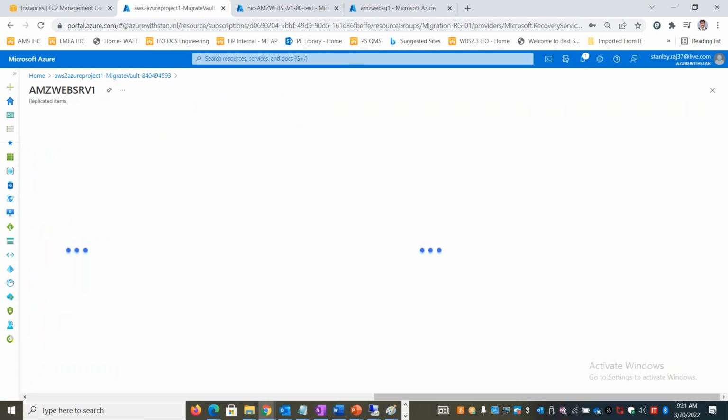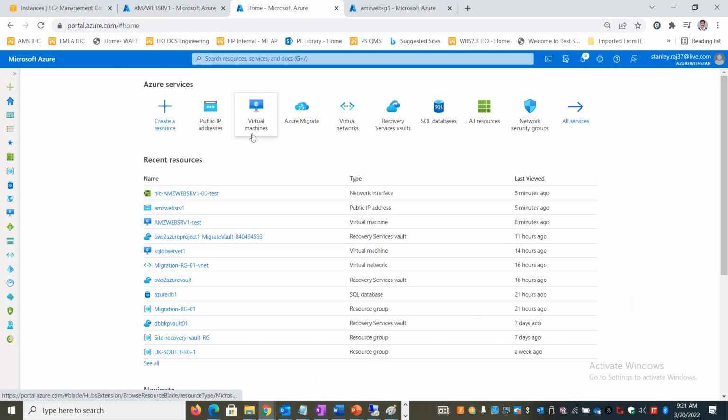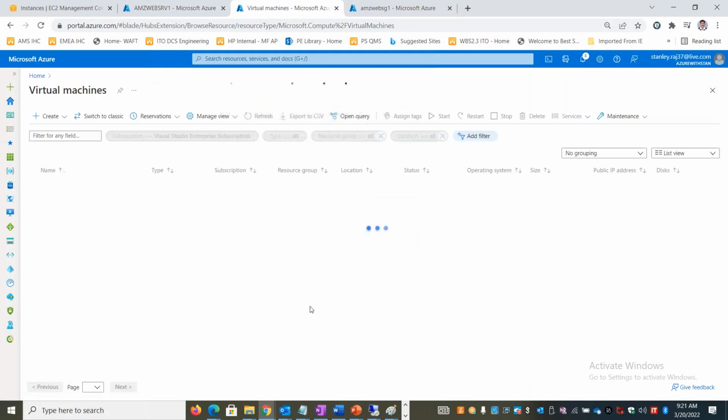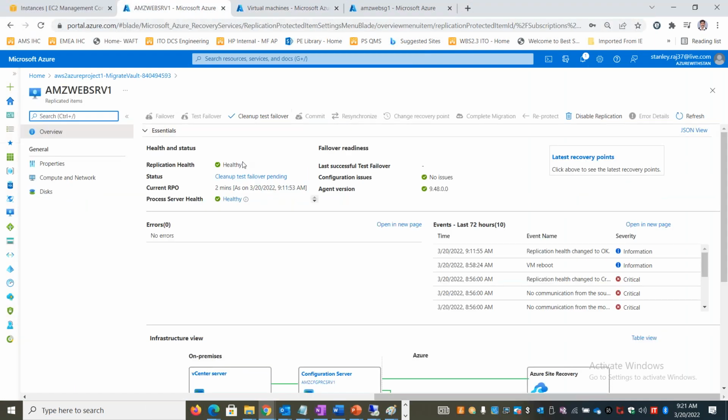Okay, it says healthy and it is saying that we should clean up the test failover. Only then the other options will be available. Until you clean up the test failover, until you go and delete this VM, the other options will not be enabled. All the options will be grayed out. So you have to clean up this VM, and then we can proceed further.